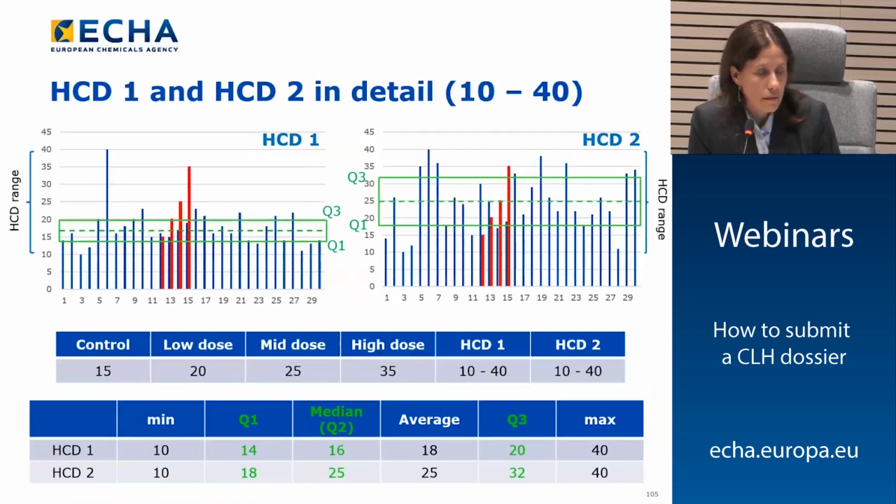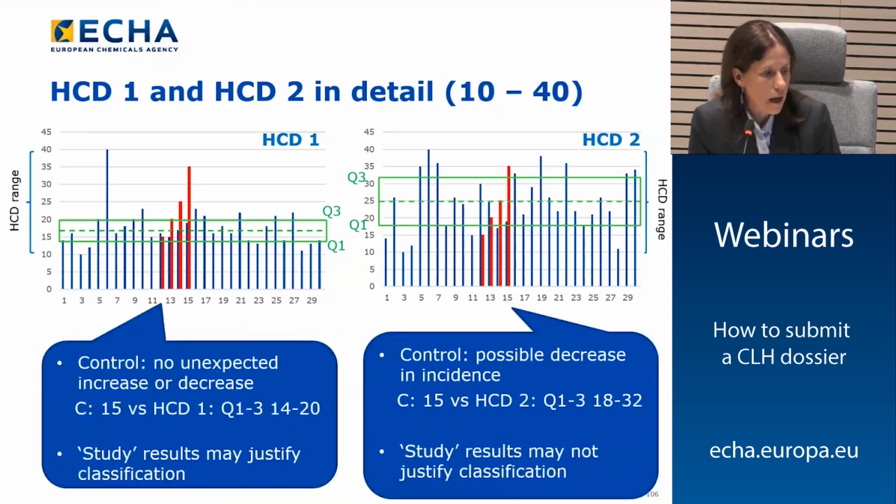So the red bars, sorry for all the people who can't see red, are our study results. What can we say with that? So we have the control and the historical control data. Well, let's first of all check the concurrent control. We can say that there is no unexpected increase or decrease in our concurrent control.